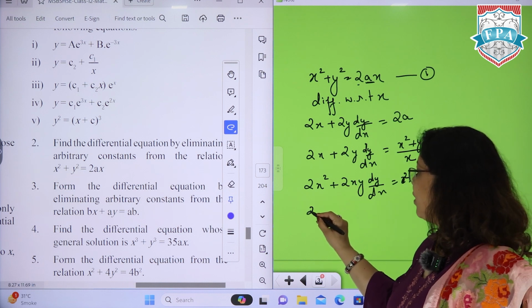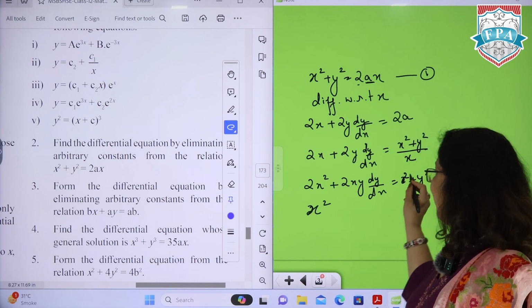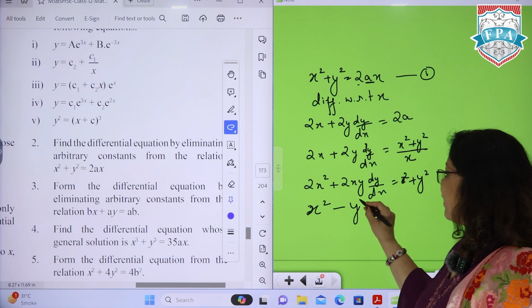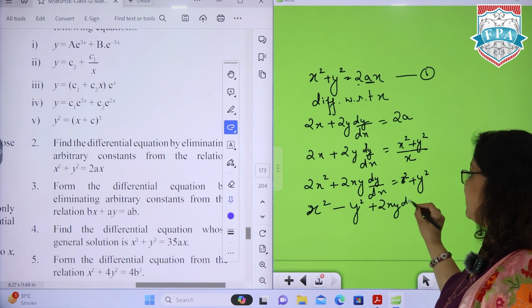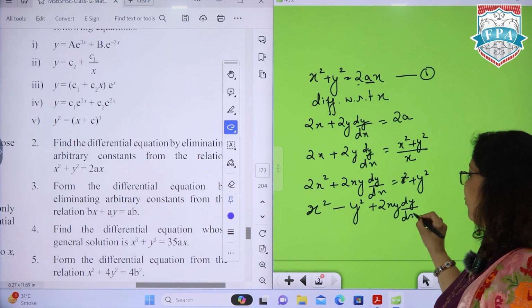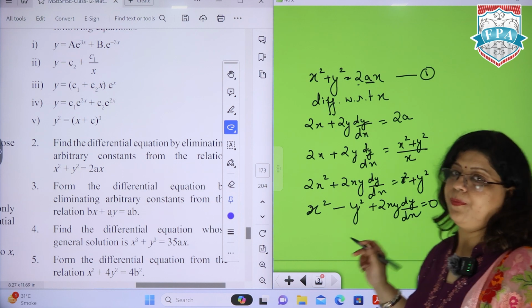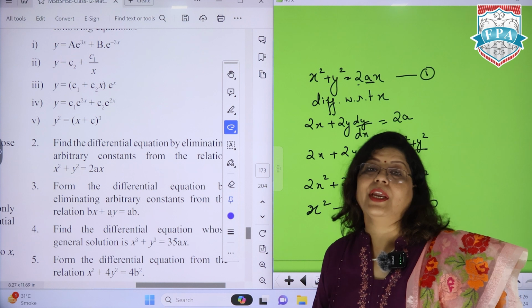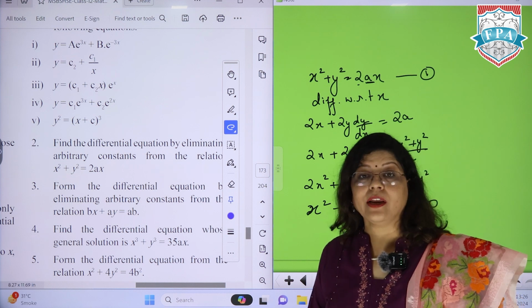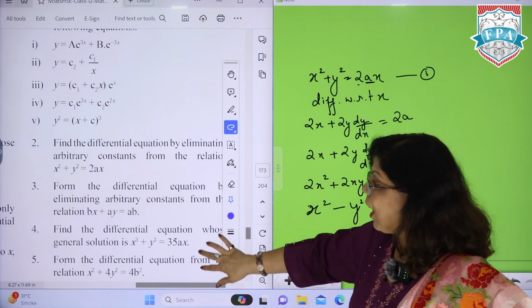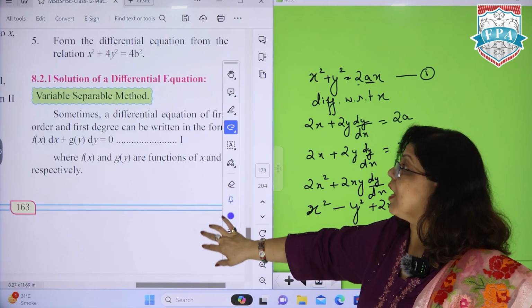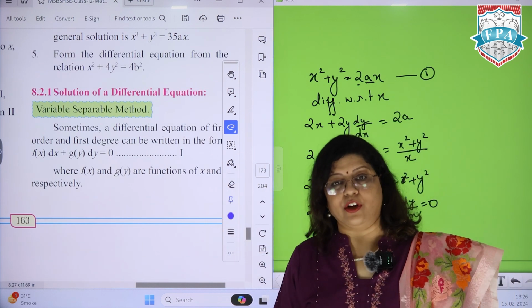So 2x square minus x square, minus y square plus 2xy dy by dx is 0. This will become your final equation. So this is how we can formulate the differential equation. Now after this, the next thing is the solution of a differential equation.